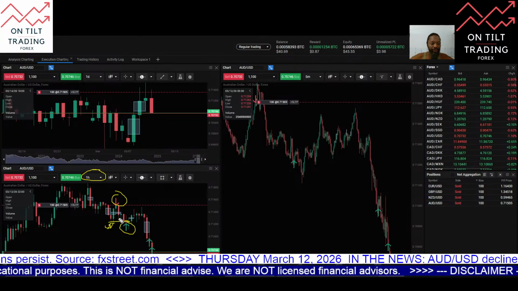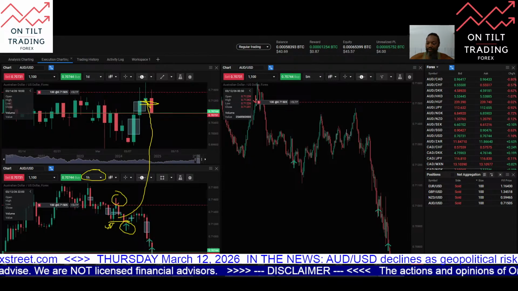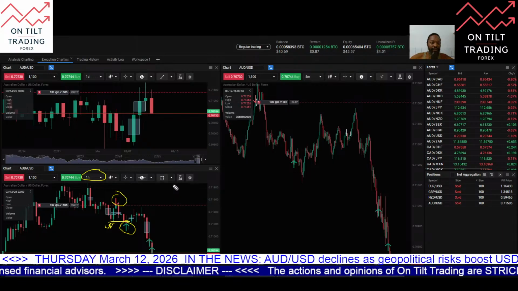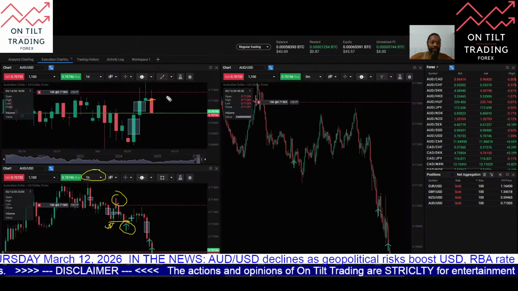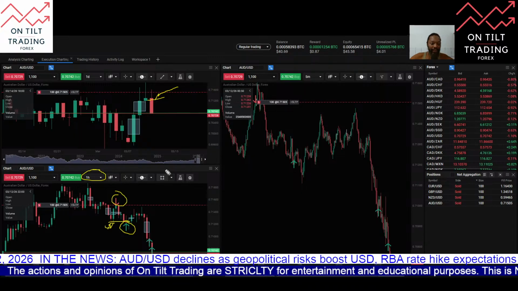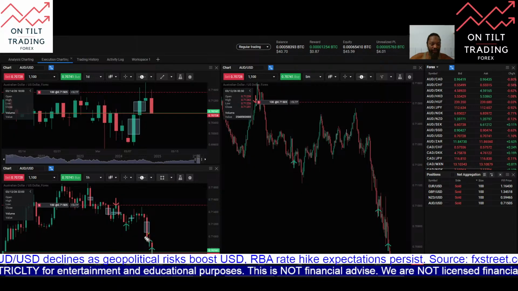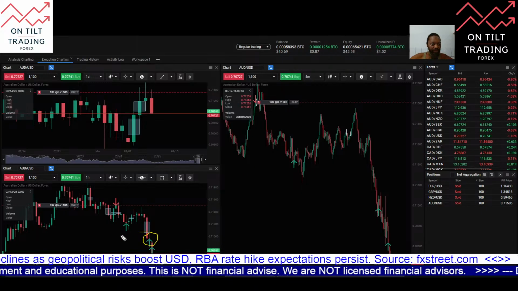But actually, let's back up. This is equivalent of what was the low at the time of today's daily candle. So I took profits there, and then you can see there's take profits here.